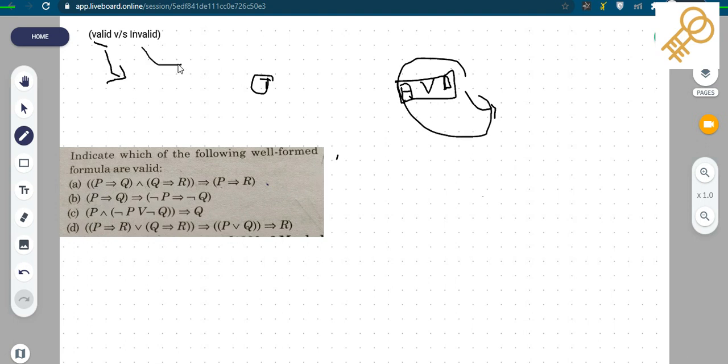For invalid, at least one value should be false. If any combination of true and false gives a 0, in that case we will say that propositional relation is invalid, right?